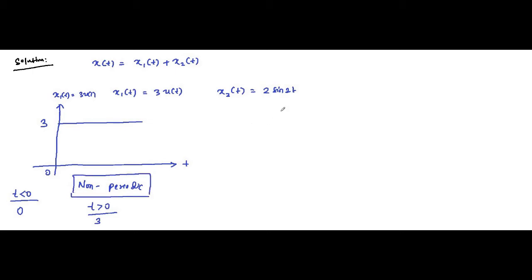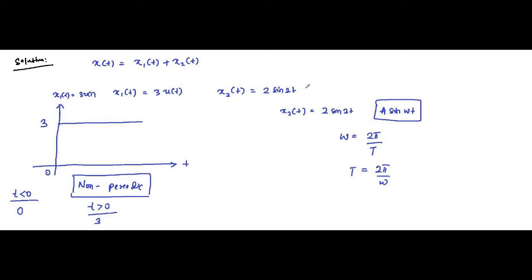Now x2(t) equals 2 sin 2t. If we compare it with the basic format of a sinusoidal signal, A sin omega t, sinusoidal signals are periodic in nature, as we have discussed in many questions previously. The time period is equal to 2 pi by omega, where omega is the angular frequency.